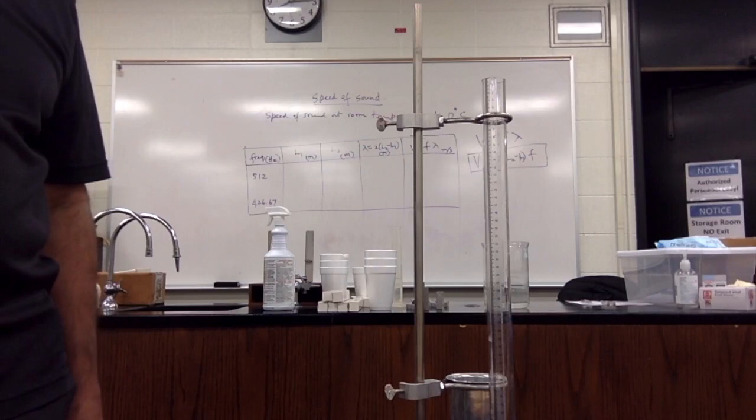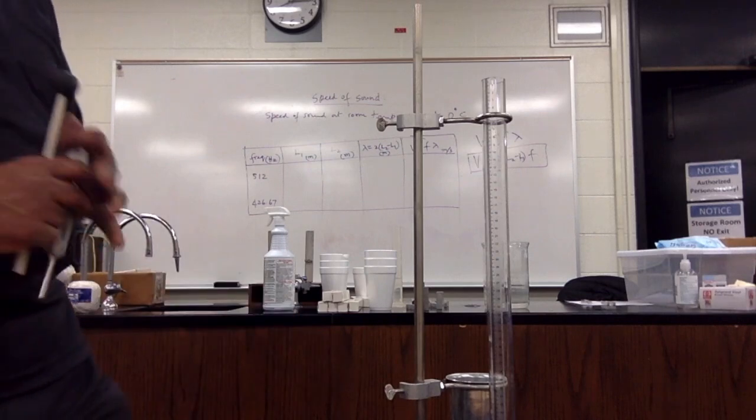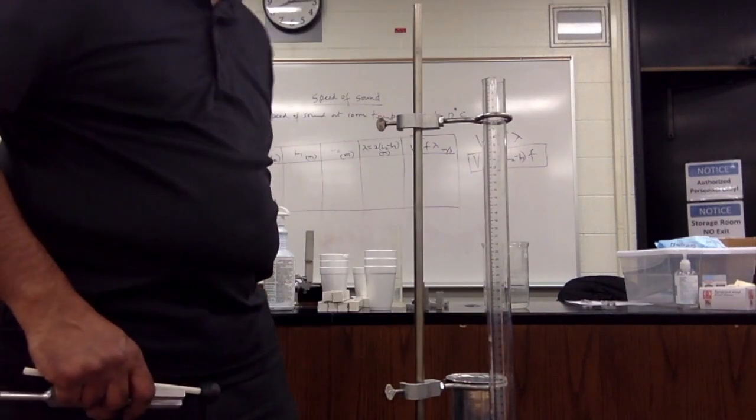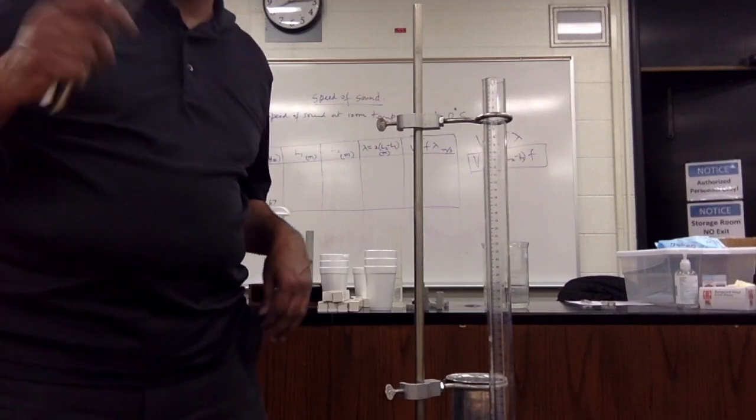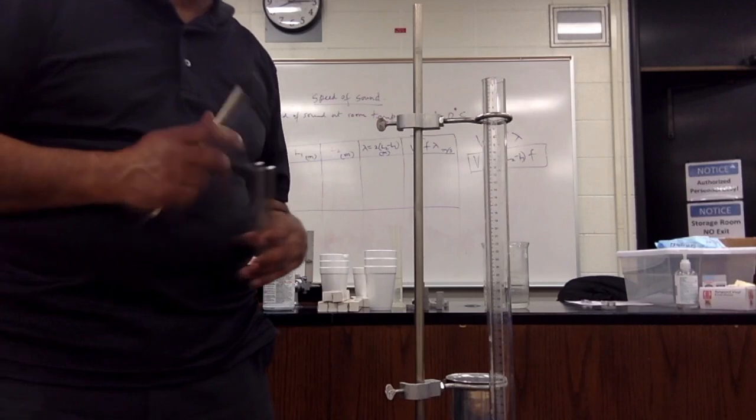Around 342, 341, 335. Also depends on the temperature of the water. It's probably not the room temperature. So yeah, the speed of sound changes according to temperature. 335 you said? Okay, write it down.